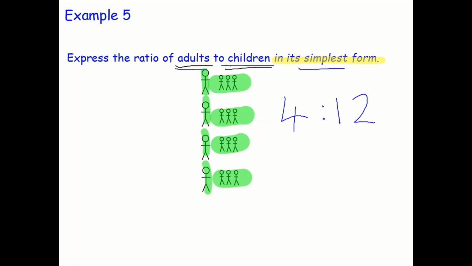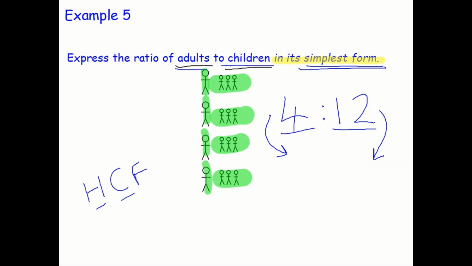And then it says in its simplest form. Well, simplest form means that I have to divide through by the highest common factor, the HCF. That means the biggest number that goes into both 4 and 12. Well, the biggest number that goes into both 4 and 12 is 4.